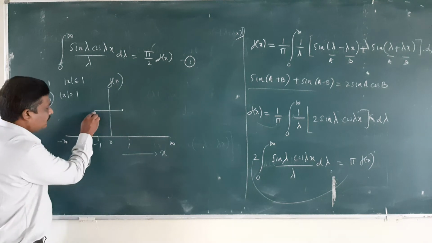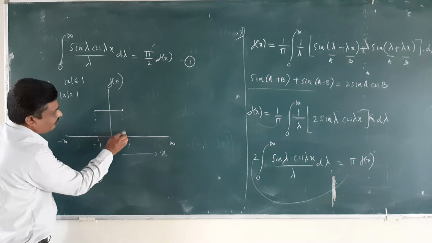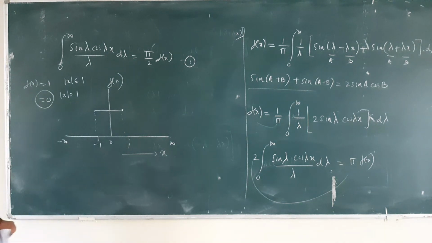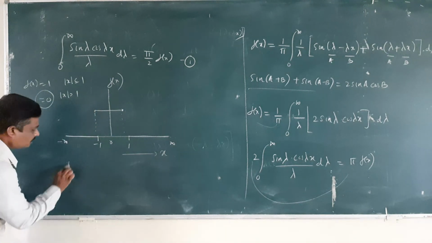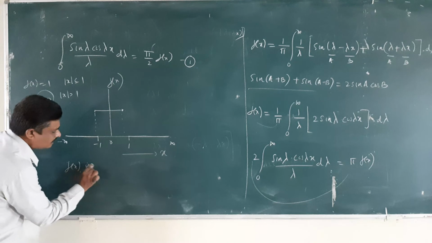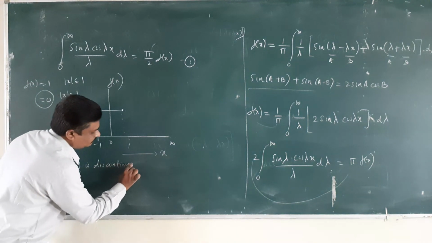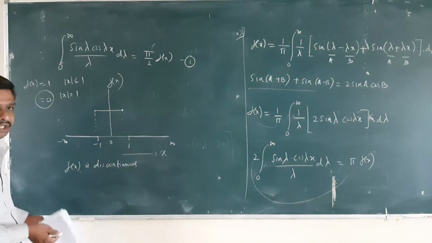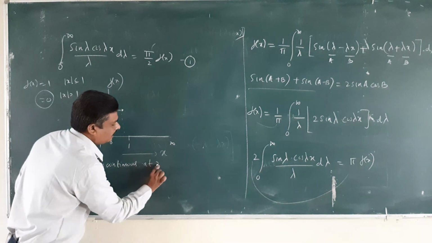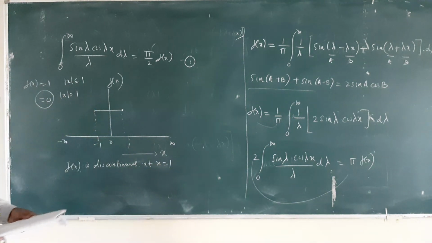So we can see here the function is discontinuous. At this point the function is discontinuous. Therefore f of x is discontinuous at x equal to minus 1 and x equal to 1.